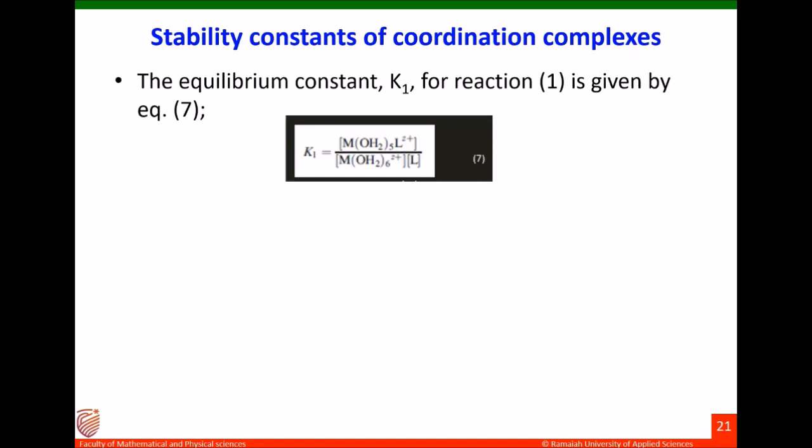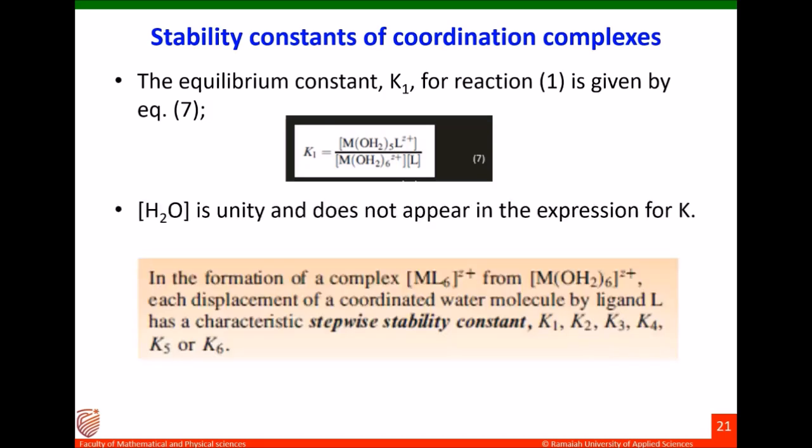That's why K1 can be written as the concentration of [M(OH2)5L]^(z+) divided by the concentration of [M(OH2)6]^(z+) into the concentration of the ligand. Similarly, you can write the stability constants or equilibrium constants K2, K3, K4, K5, K6 for the remaining reactions, until K6 from the given 6 reactions.